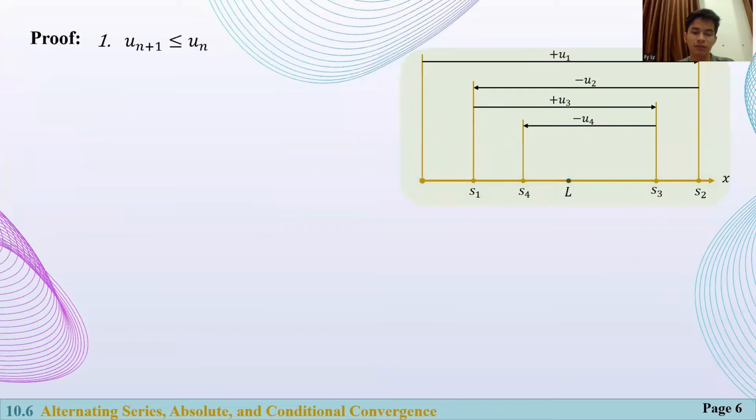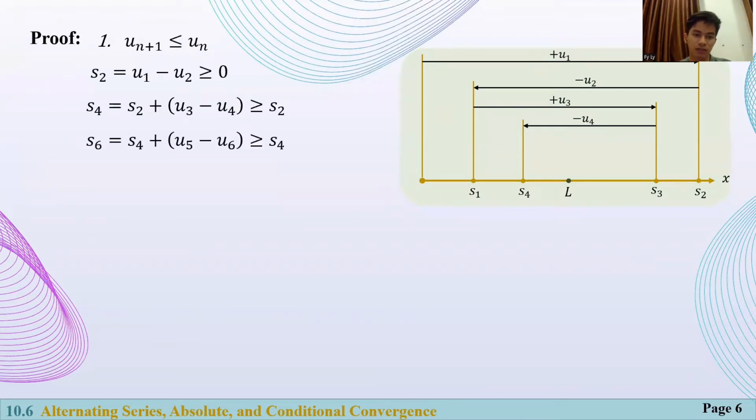So let's prove the first part, which is that u sub n plus 1 is less than or equal to u sub n. It is a decreasing series. So s sub 2 equals u sub 1 minus u sub 2, which is greater than or equal to 0.